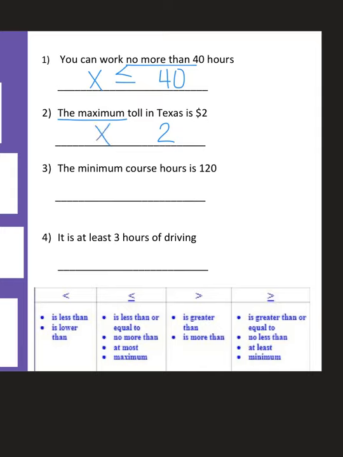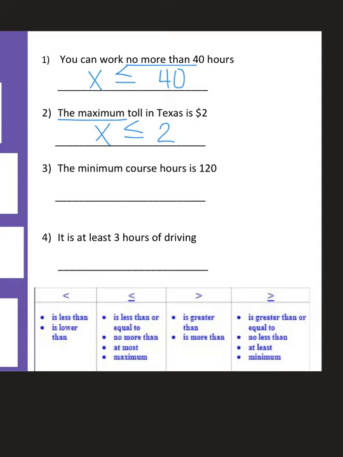So the toll in Texas is going to be the maximum of $2. So maximum, if we look down below, we see maximum is right here. So the toll is going to be less than or equal to $2 because $2 is the maximum.